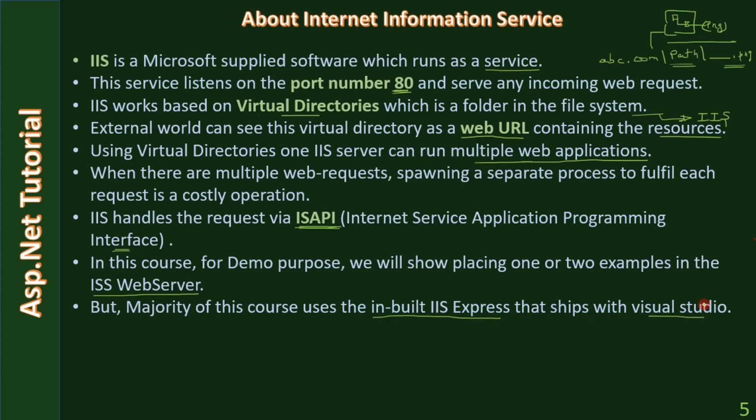In this course we will be using Visual Studio 2017, and we can directly run the application just like a desktop application. So Visual Studio internally runs an IIS web server. We call that the built-in IIS Express, and it launches a website.